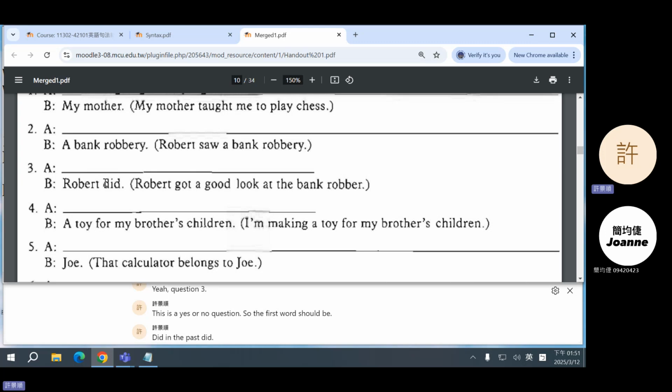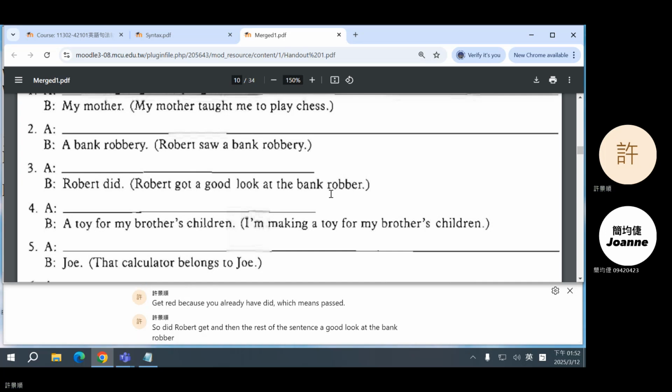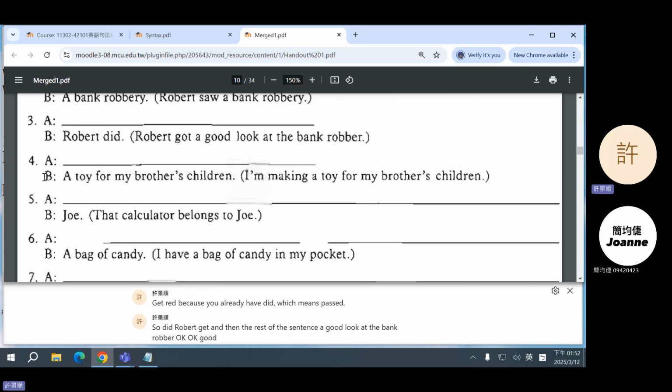So did, and then Robert. Is this got or get? Get, right, because you already have did, which means past. So did Robert get, and then the rest of the sentence. A good look at the bank robber. Okay? Okay, good.